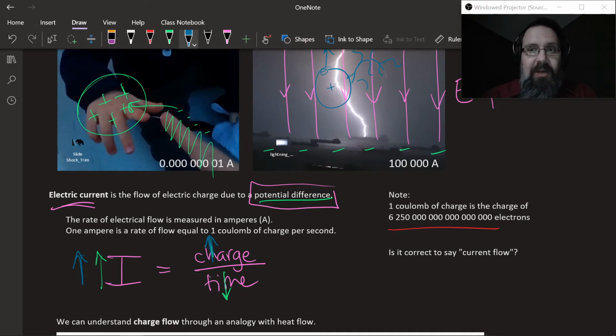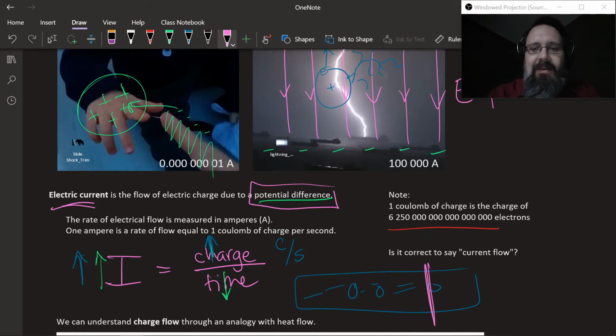So the unit of current is the coulomb per second. It's how many coulombs of charge are passing by per second. So you can just think of these little charges just flying past, moving along. And we're just saying, hey, how many of those charges are passing by a point per second? And that's going to give you the current.